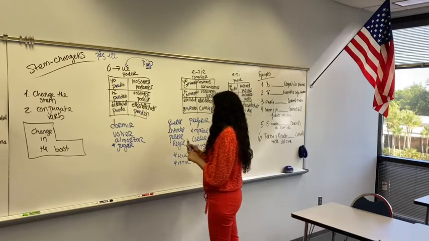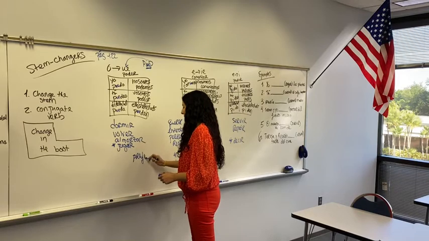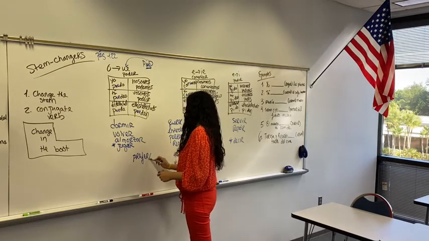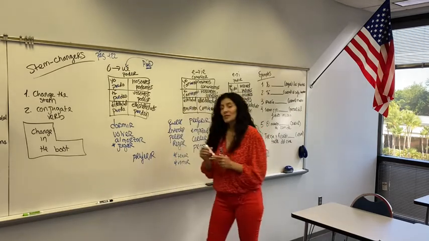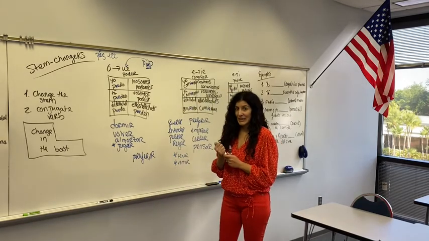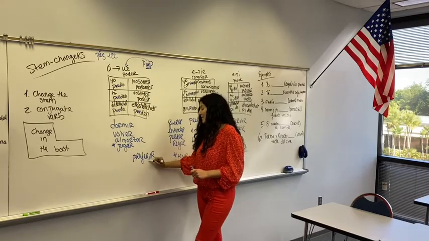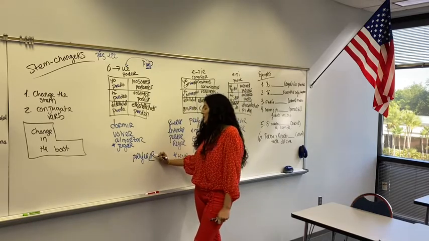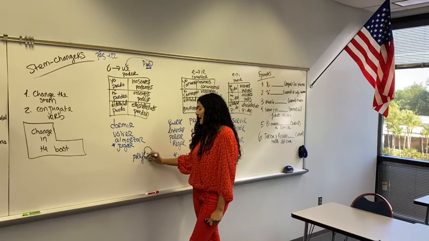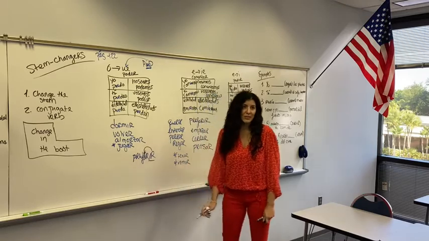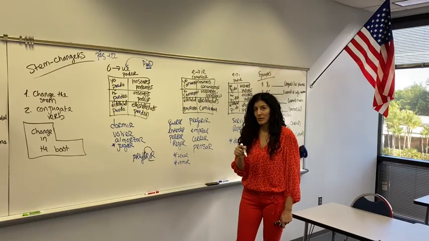For example, with preferir, we always know that whatever vowel is going to stem change is going to be closest to the infinitive. So that's our rule. This is the infinitive here. Whichever vowel is closest to the infinitive is the vowel that's going to stem change, and the only one. We're only going to stem change one part of the verb.